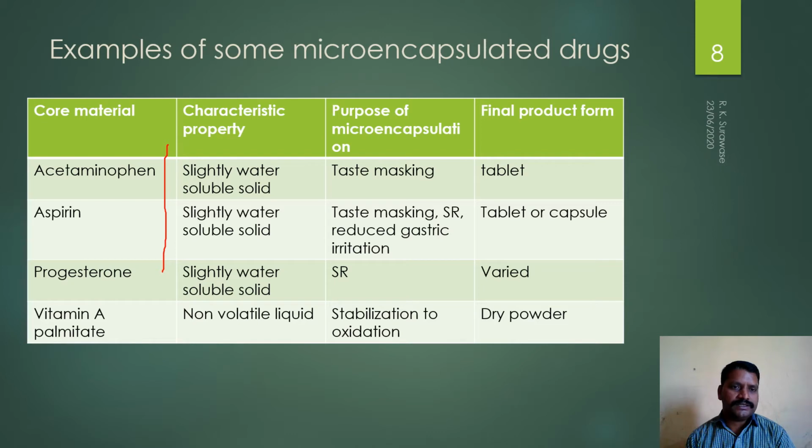Now the second core material is aspirin. The characteristic property is a slightly water soluble solid, and the purpose of microencapsulation is taste masking, sustained release, reduced gastric irritation, and the final product form is a tablet or capsule. With the aspirin drug, gastric irritation is a major problem.